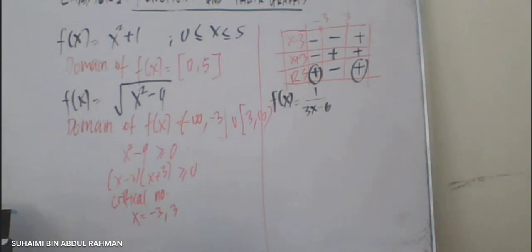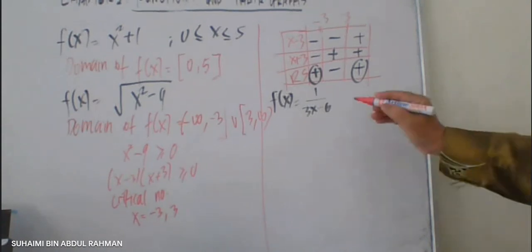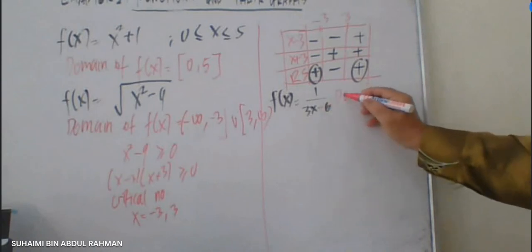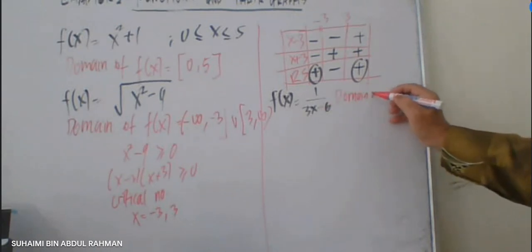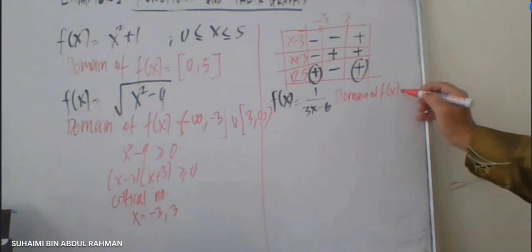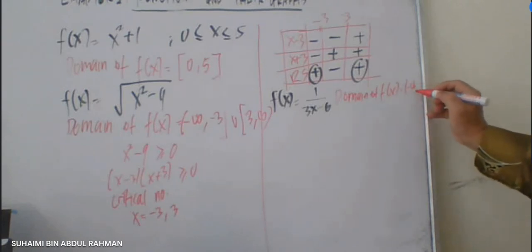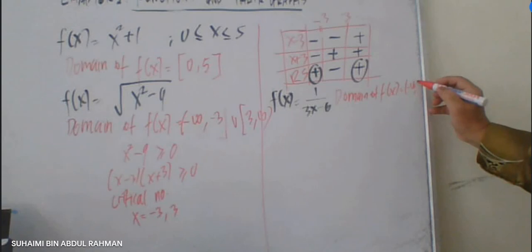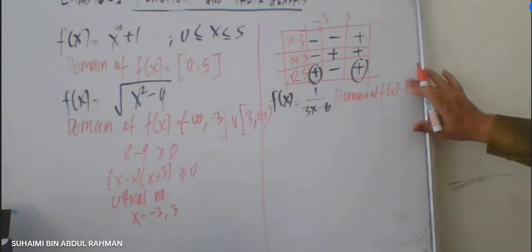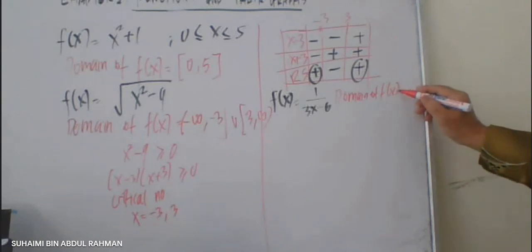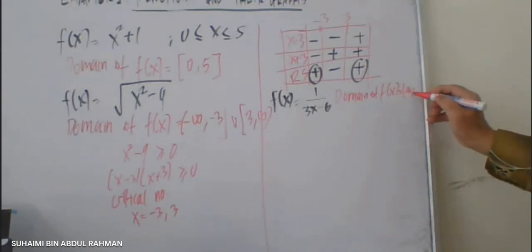Negative infinity to 2. Domain of f(x) is minus infinity until 2. Is it including or excluding? Excluding.